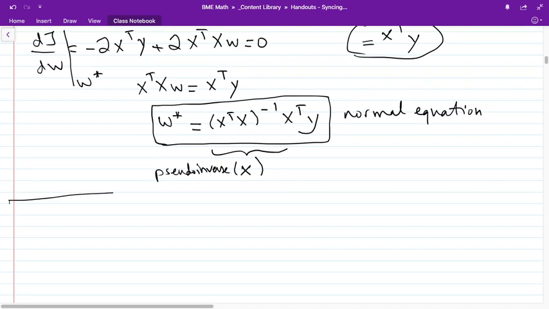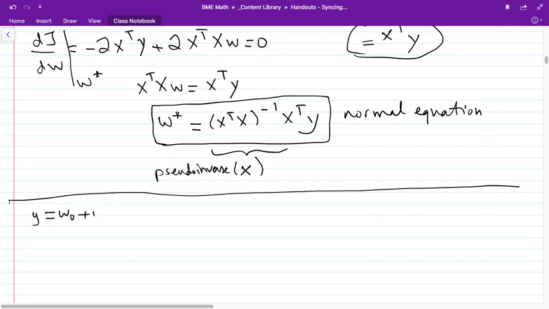Well, we've been using these linear functions where x was a vector made up of linear elements multiplied by w. What if we have some nonlinear elements? Suppose that y is equal to w0 plus w1 of x plus w2 of x squared plus some nonlinear functions of x.